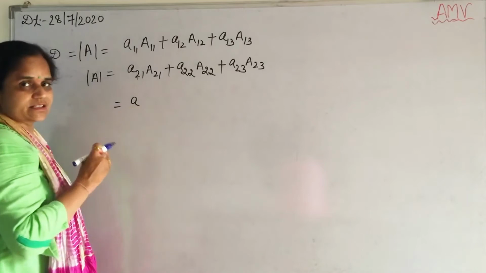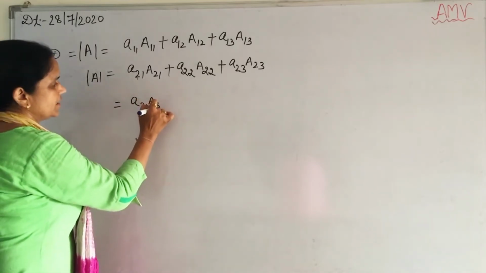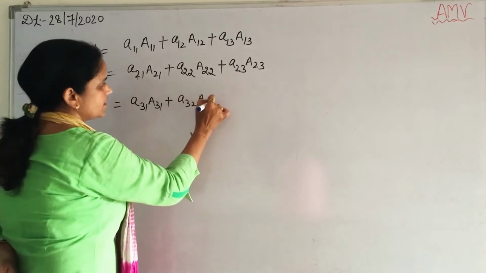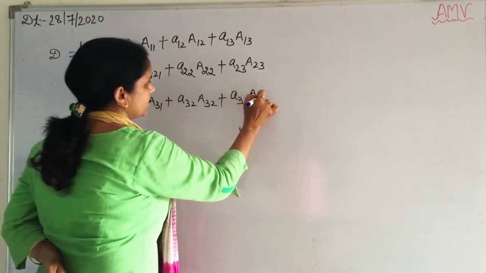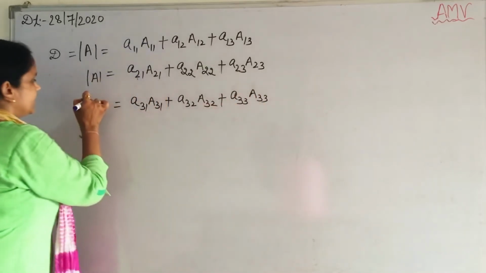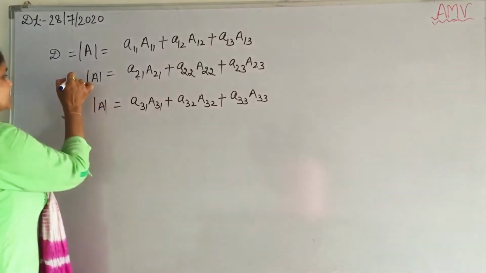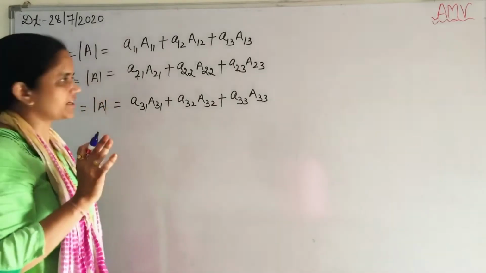If the matrix is of order 3, a31 with A31, a32 with A32 and a33 with A33, and it is also equal to the value of the determinant, D. Same thing. D is also the value of the determinant.